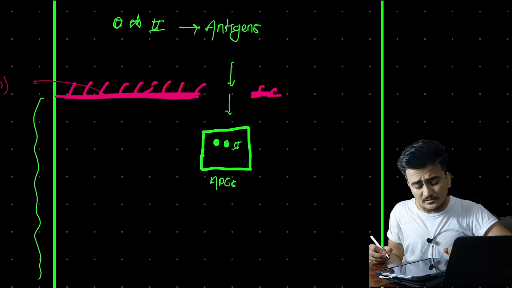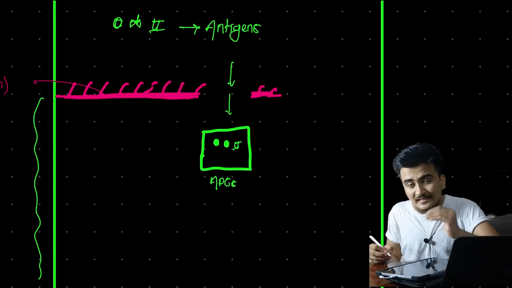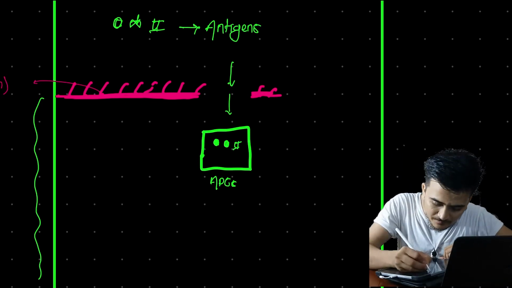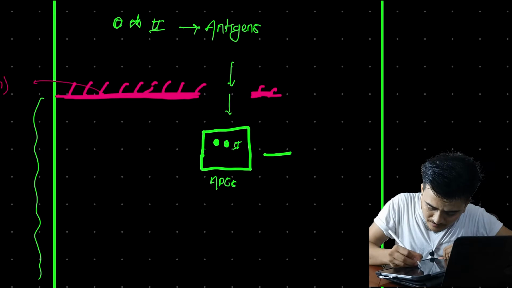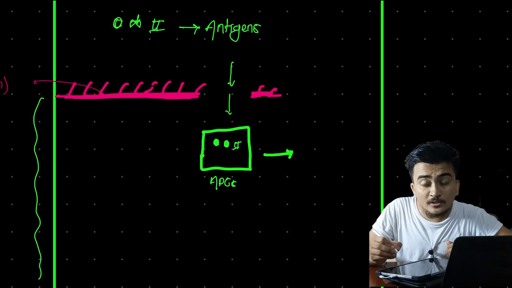Now what does this APC do? Whatever we are talking about right now is inside the layer of skin. We are talking beneath the skin. What these APCs do is fragment these antigens into smaller peptides.